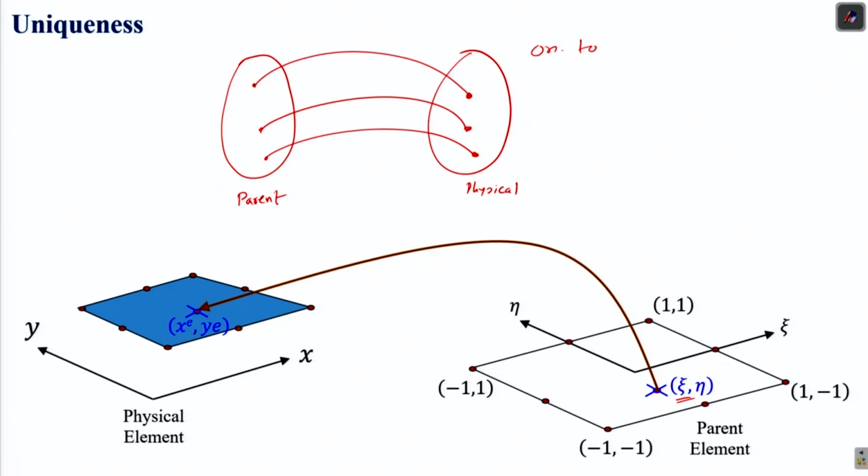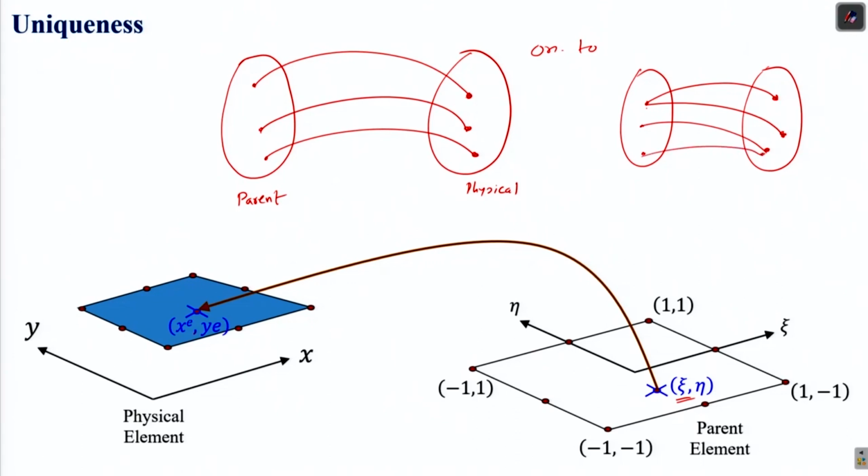Now, consider a situation like this. We have a domain here, another domain here. We take a point, and when we take the image of this point in the physical element through the transformation, we could have something like this, where two points are mapped to just one point.